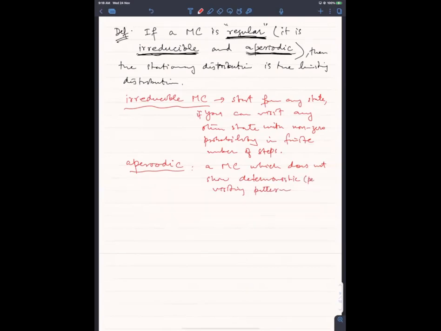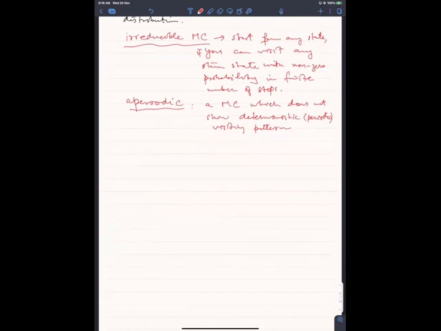Deterministic means periodic नहीं होगा. And we will give you an example. एक ऐसी Markov chain है, example, ये Markov chain है आपके पास, you are in state 1 and you are in state 2. With probability 1 you go to state 1, probability 1 you go to state 2.